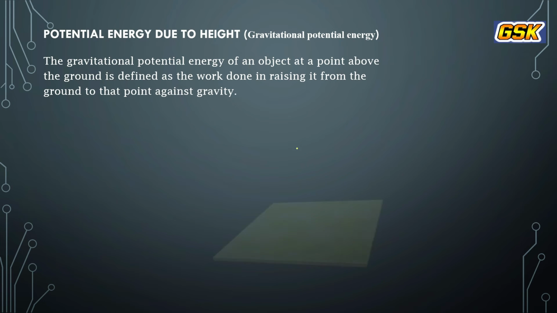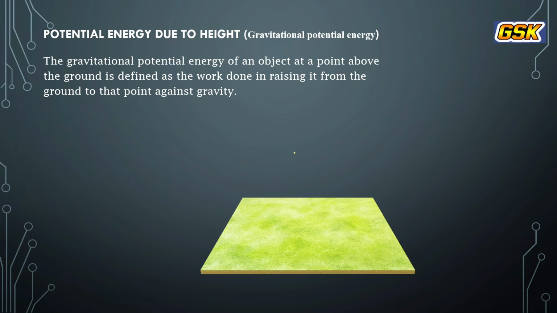Let us take an object on the ground. I want to raise this object to a certain height against gravity. So I am raising it against gravity. I did some work in raising it from the ground to some height.